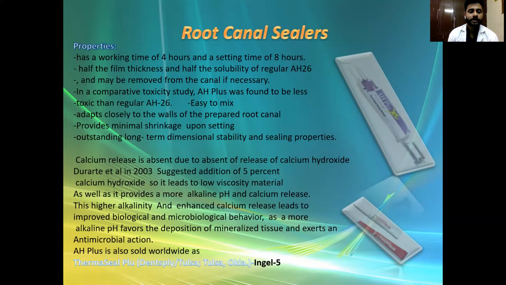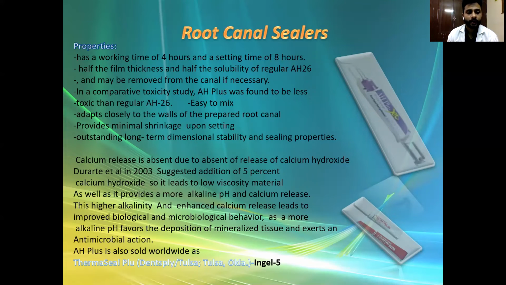In a comparative toxicity study, AH Plus was found to be less toxic than the regular AH26, and it is easy to mix and adapts closely to the walls of the prepared root canal and provides minimal shrinkage upon setting. Calcium release is absent due to the absence of calcium hydroxide.